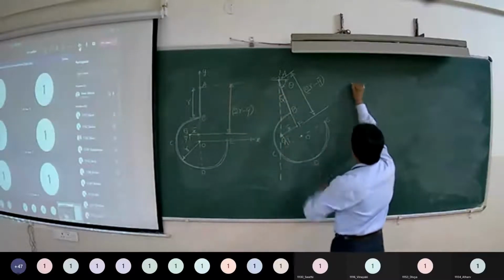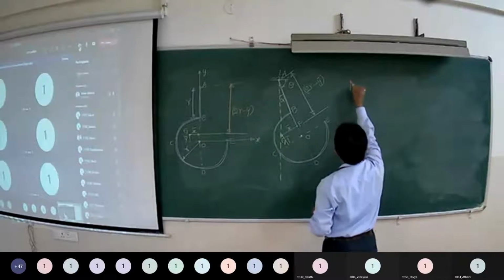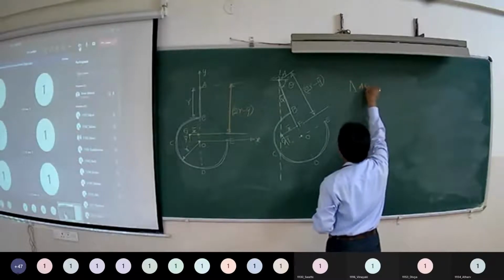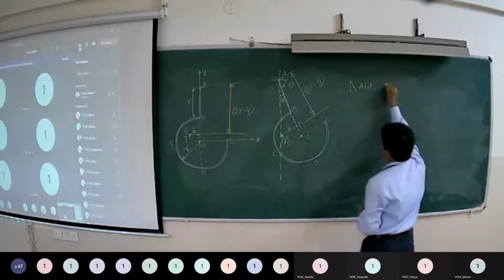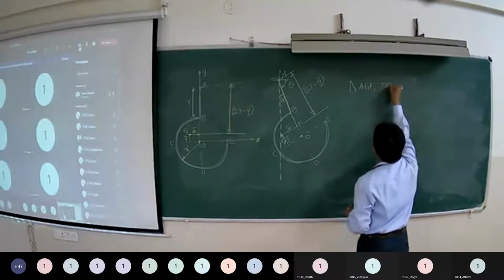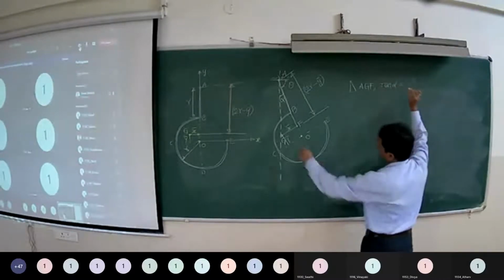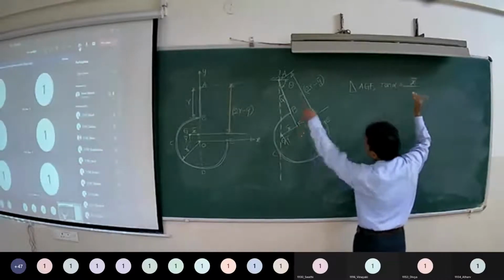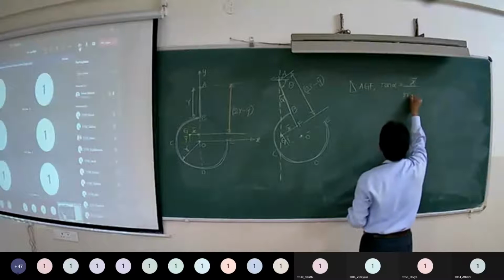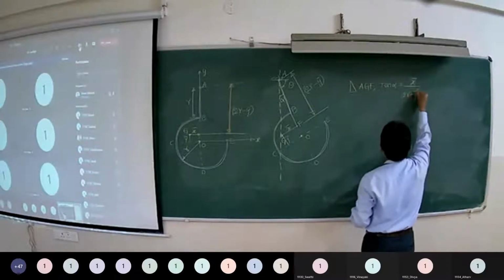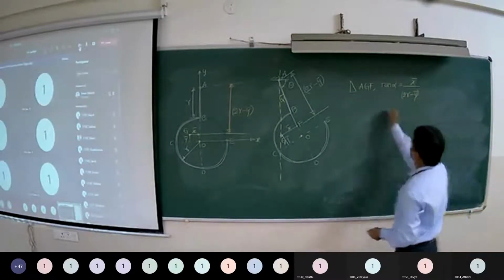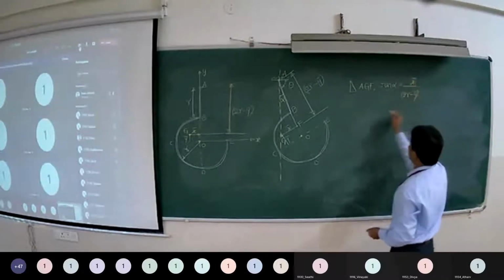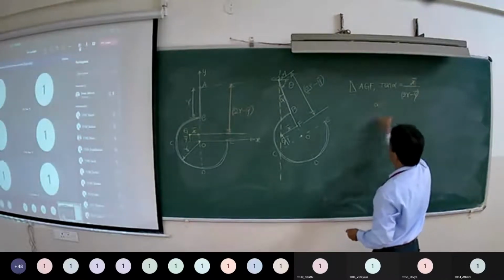From right angle triangle A, G, F, we can write tan alpha is equal to opposite side, that is x bar, upon adjacent side 2R minus y bar. So knowing x bar and y bar, you can calculate alpha and hence theta.